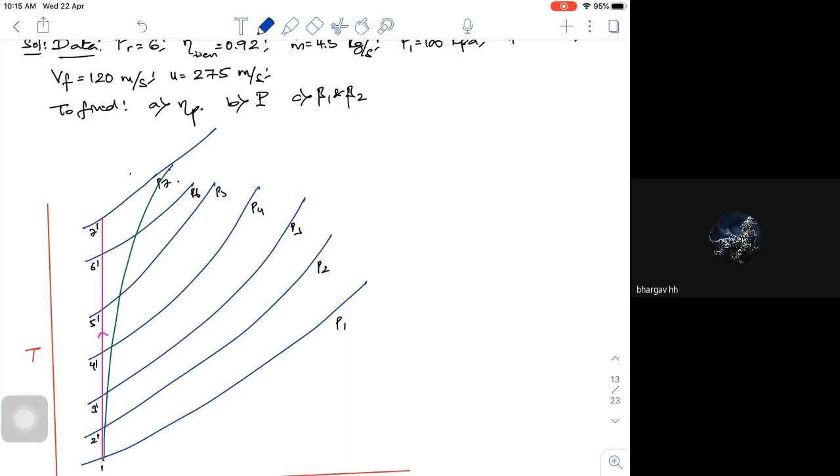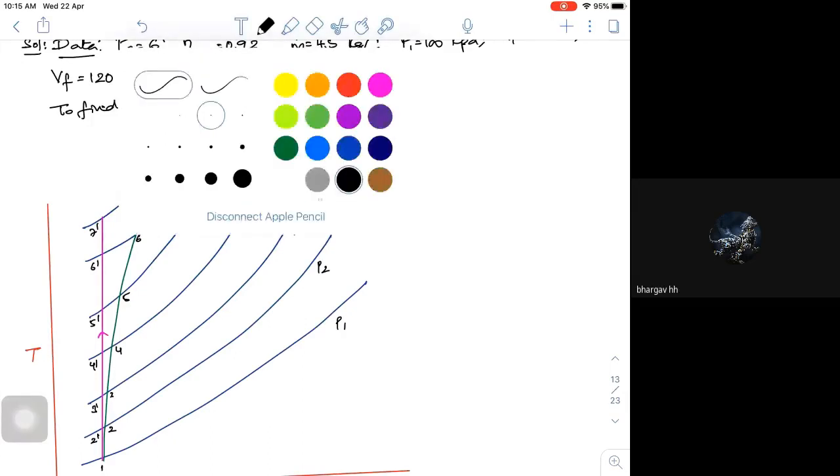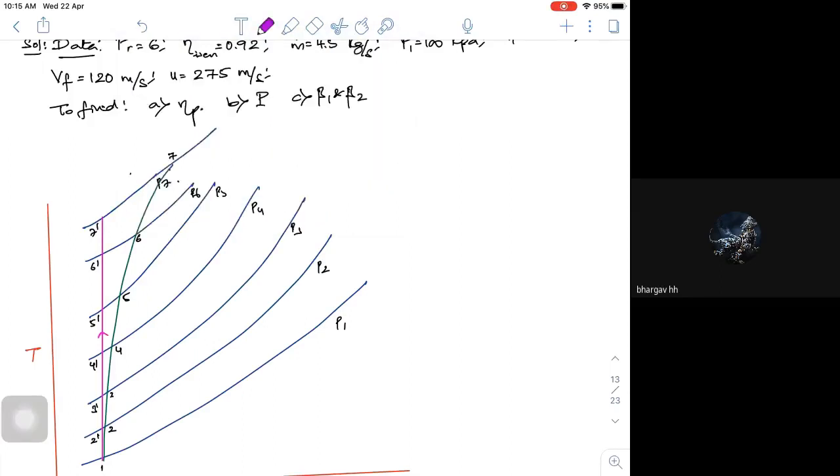If I try to draw the actual points, this will be 2, 3, 4, 5, 6 and 7. At each point, I draw the corresponding isentropic: 2 to 3 dash, a straight line, so that I get 3 double dash.